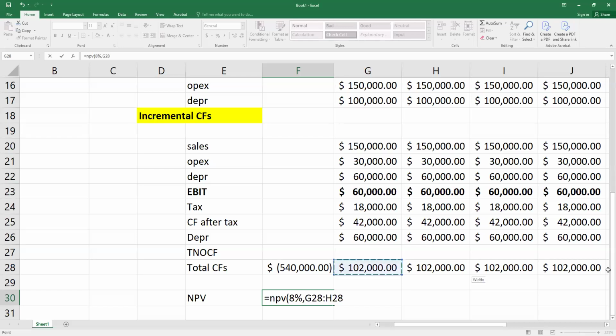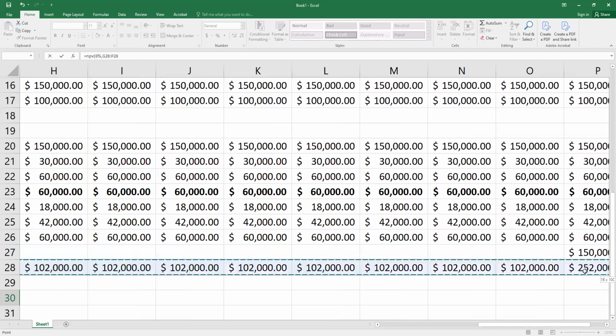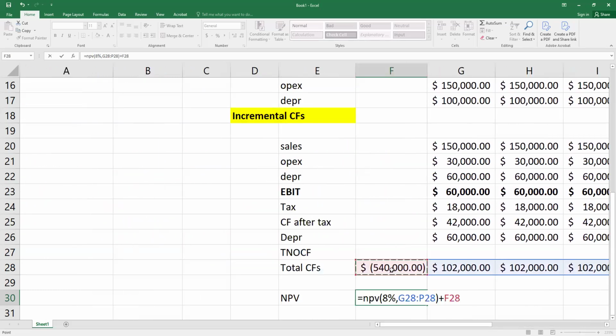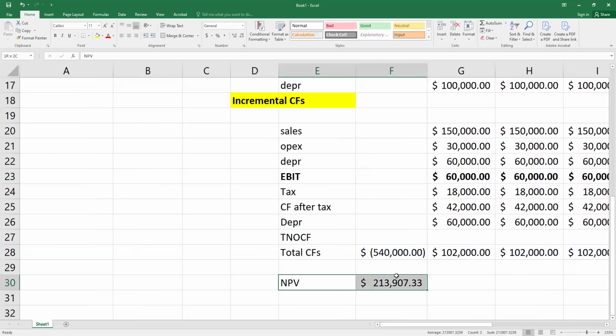Values are here, and subtracting the investment costs. So we can see it's a positive result, which tells you it's good to go with the replacement of the old equipment. So you can go and replace.